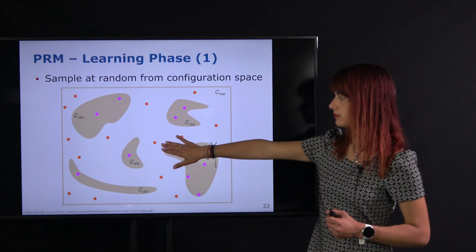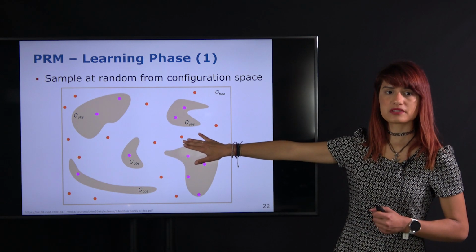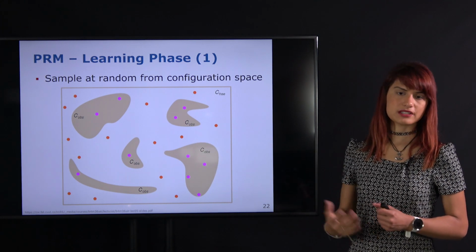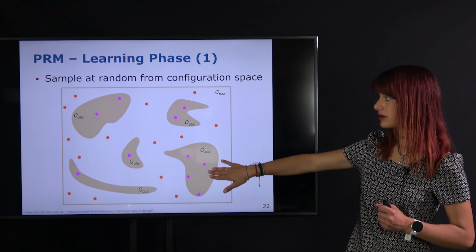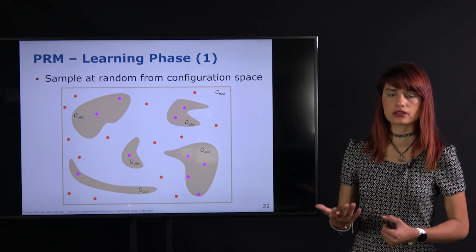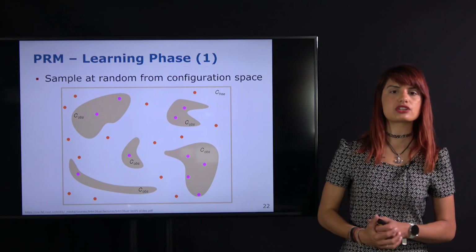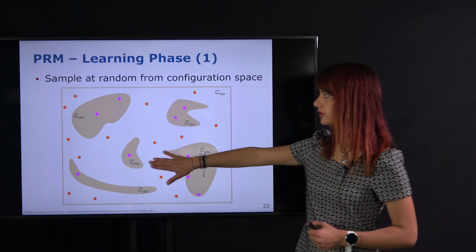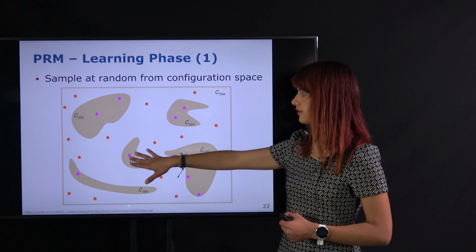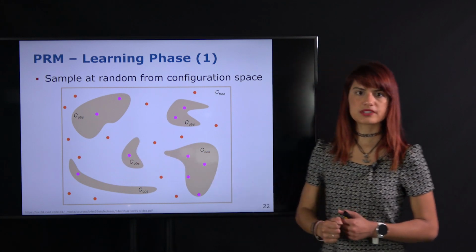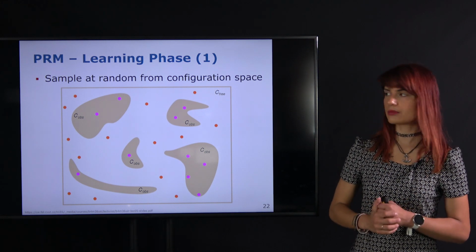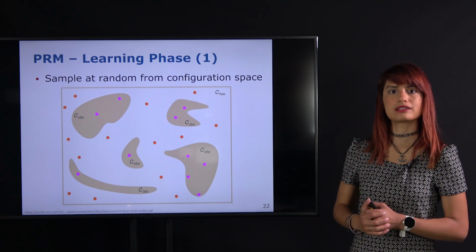And then say some of our samples, for example, the orange ones, they fall in the free space, and others, the pink ones, they fall in the obstacles. So we're not interested in the pink ones here because they're invalid configurations. And the way we know this is using our collision checking black box. For example, if we approximate the model of the robot, as we just saw, with a circle, and we find that it lies in collision with the obstacle, then we can discard the sample or this configuration from our roadmap because it's not located in the free space.